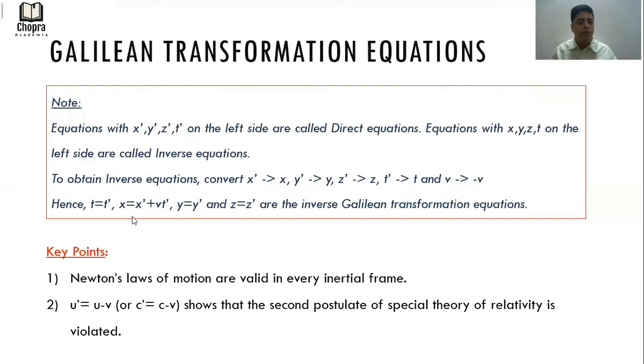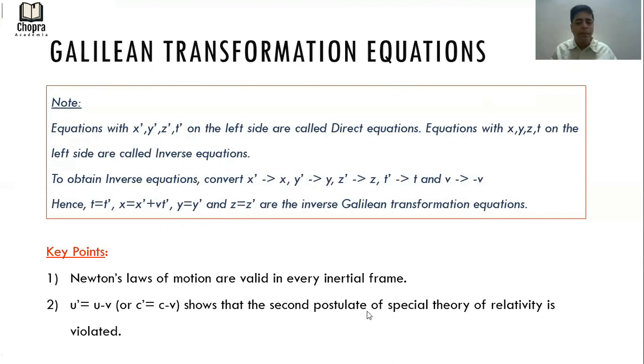Now from the second result, u dash is equal to u minus v, if we have u equal to c, talking about photons here, we have c dash is equal to c minus v. From the Galilean transformation equation, this says that the second postulate of STOR is violated. We'll be learning what the special theory of relativity postulates are in the next slide.